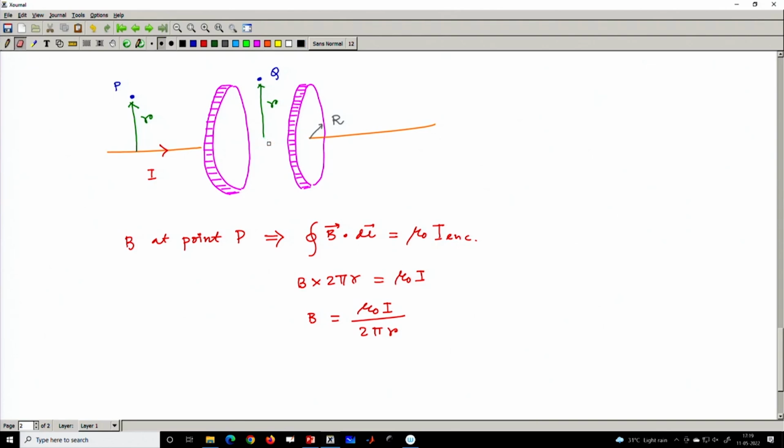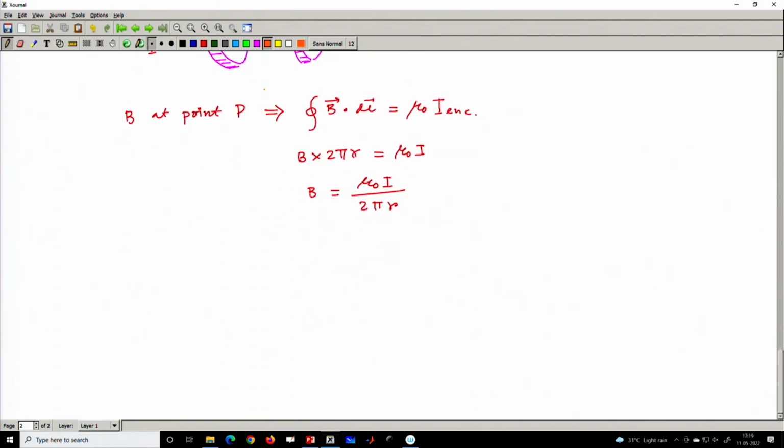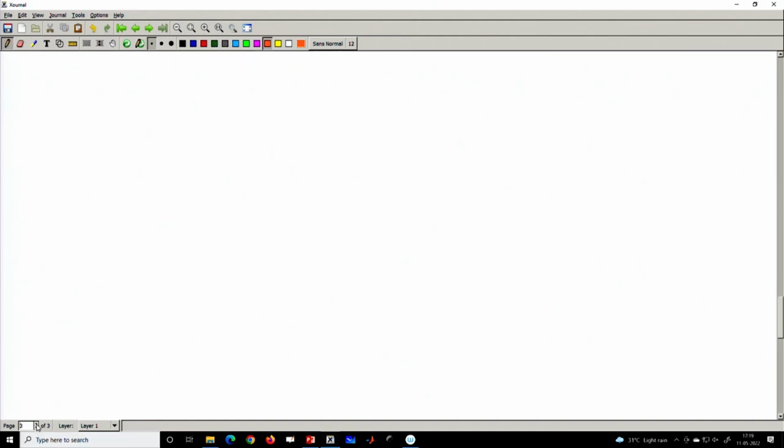This is not continuous, so I should make a dotted line here, and from here it is r. So, what should be the field? Let us try to calculate one by one.